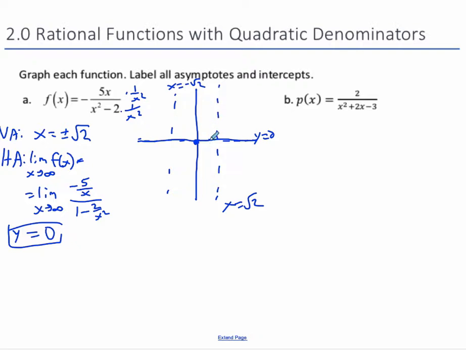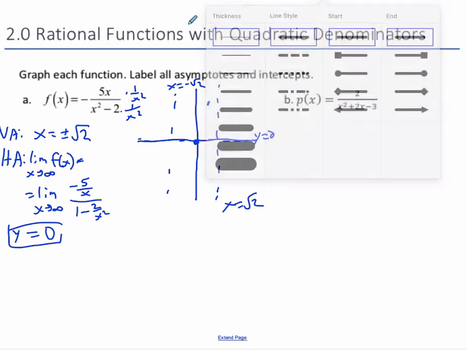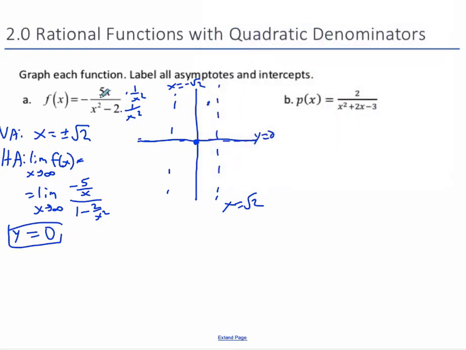So at x equals 1, which is over here somewhere, we got a positive 5. So next, let's try over here. Let's see what's happening close to this asymptote here. If we plug in a number like negative 1, we'll get positive 5 over negative 1. We get negative 5 over here. And they'll get closer and closer to the asymptote here.